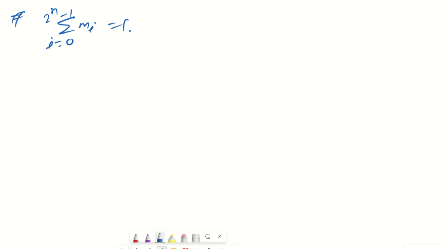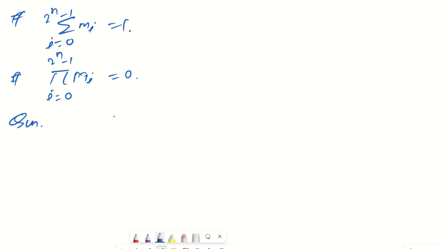Then the product of all the max terms from your 0th to 2 to the power n minus 1 value is going to be 0. Okay, so if you are taking all the terms as max terms in the Boolean expression, it will be 0.